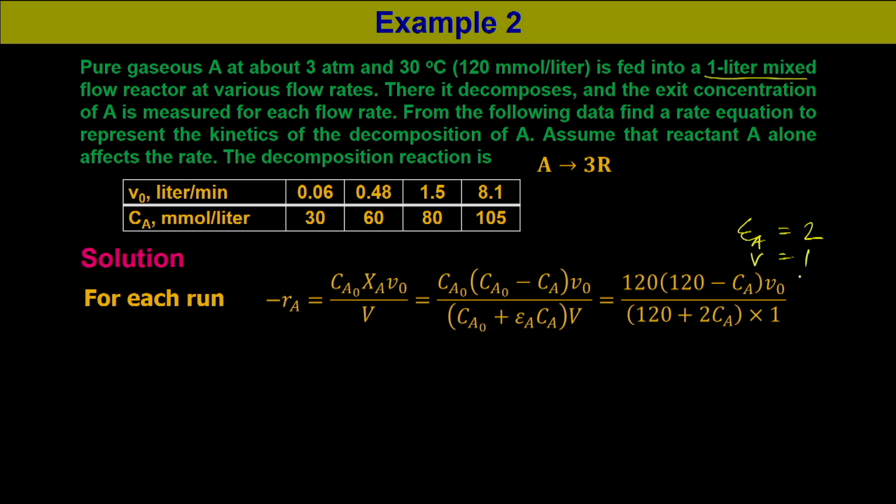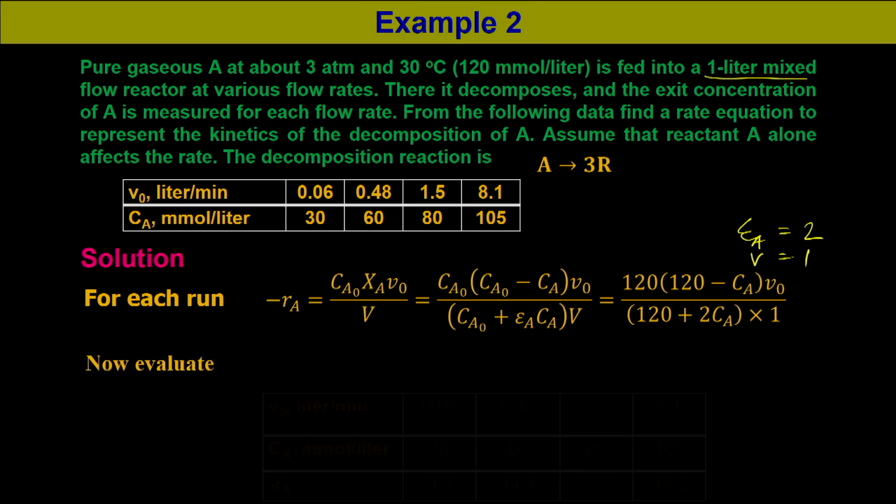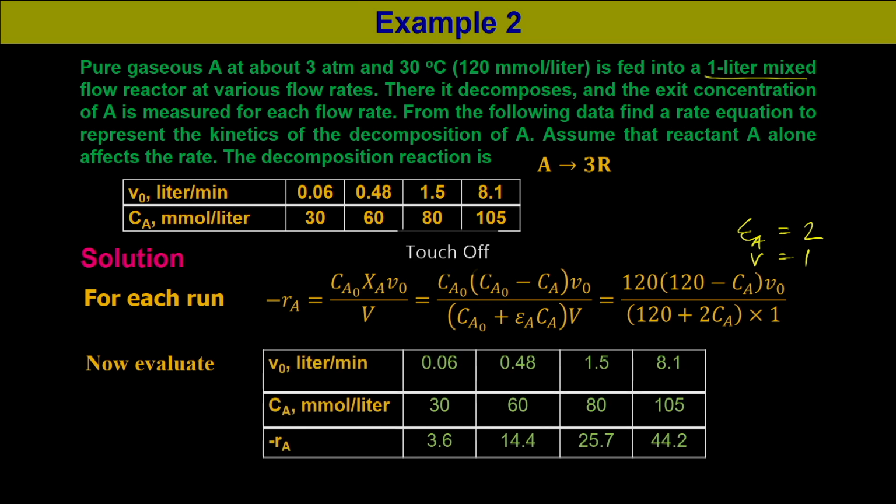So, for each run we can calculate based on this data. For each volumetric flow rate we have a concentration C_A at different volumetric flow rates. So, we substitute the volumetric flow rate and concentration and calculate the rate. Now we can evaluate the rate at every condition.